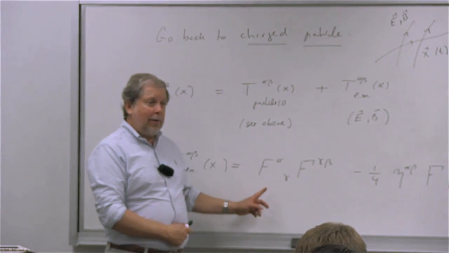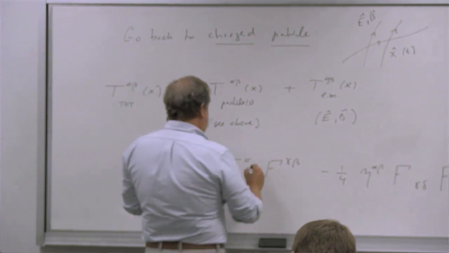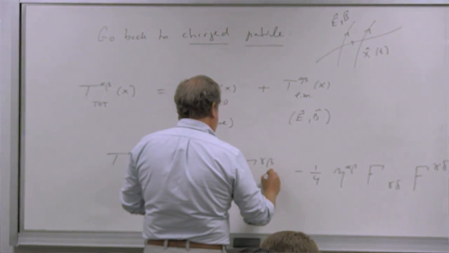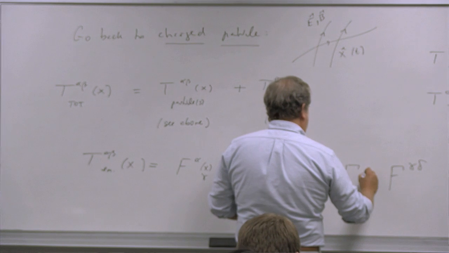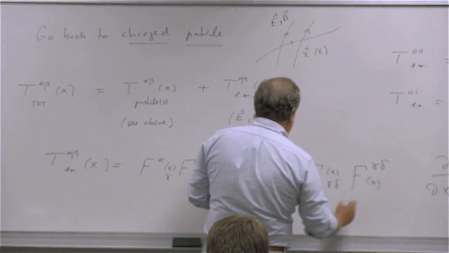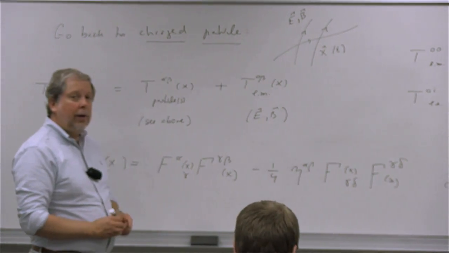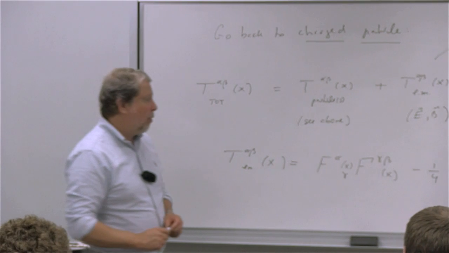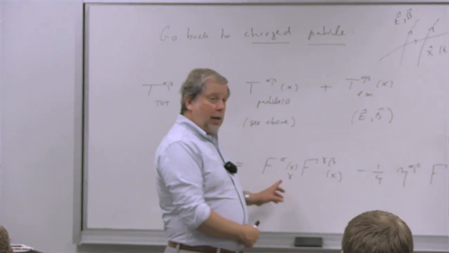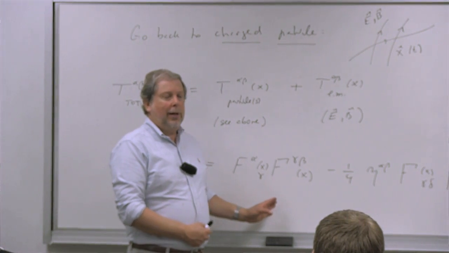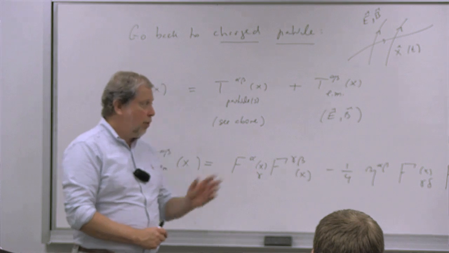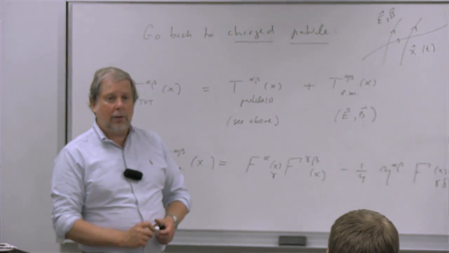So you're going to get derivatives. Remember that this is a density, so it always depends on x. Of course, the eta is not x dependent. And so you have to take a whole bunch of derivatives. What are you going to use to show eventually that this is 0?